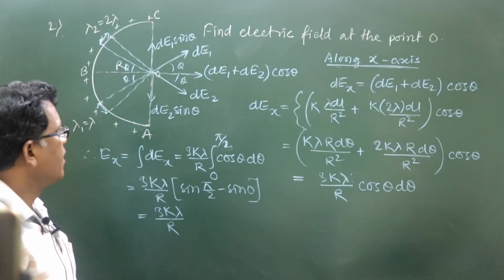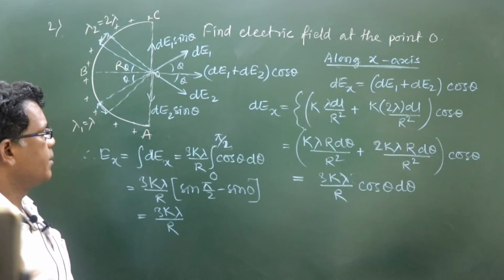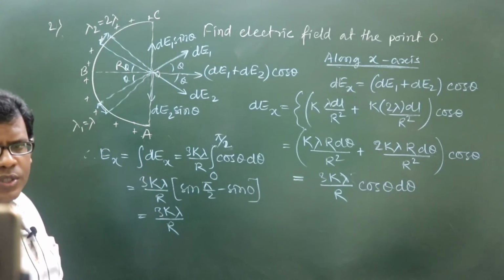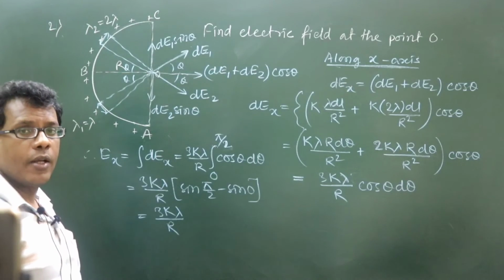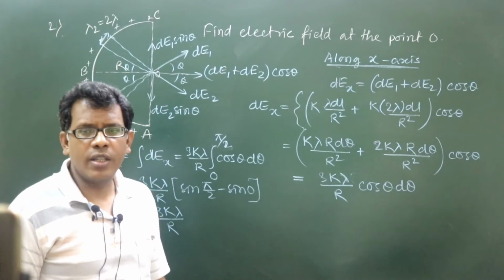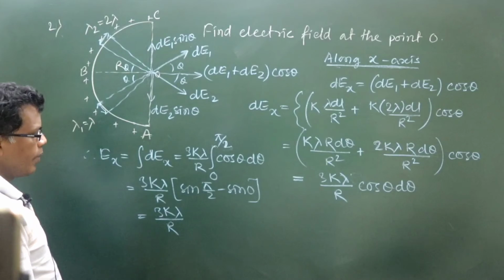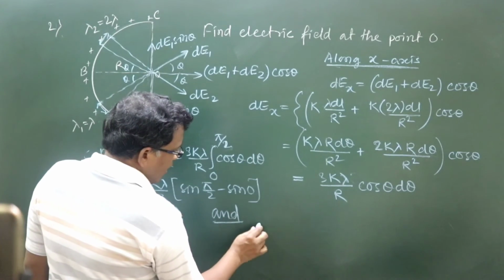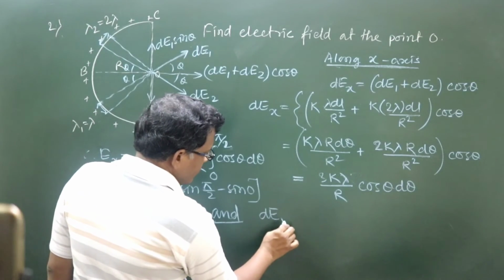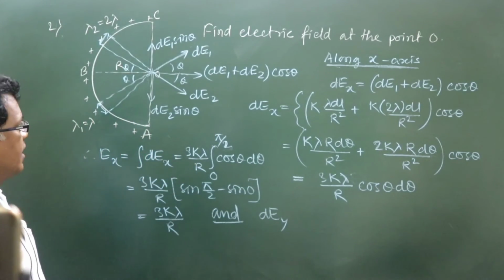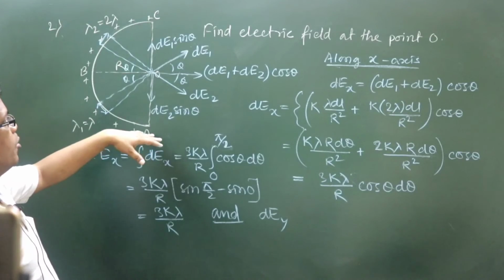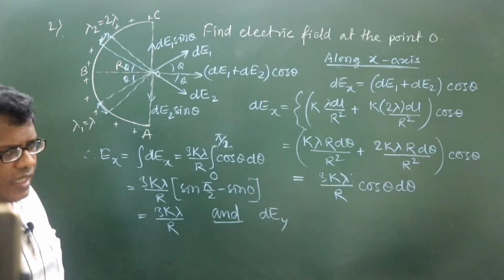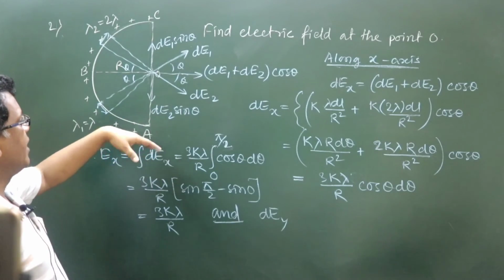Got it? Now this is about the x component. About the y component, dE1 sin theta and dE2 sin theta, they are opposite in direction but they are not equal. So that's why it won't cancel out. As far as dEy is concerned, obviously dE2 will be more than dE1 because the linear charge density in dE2 is more.